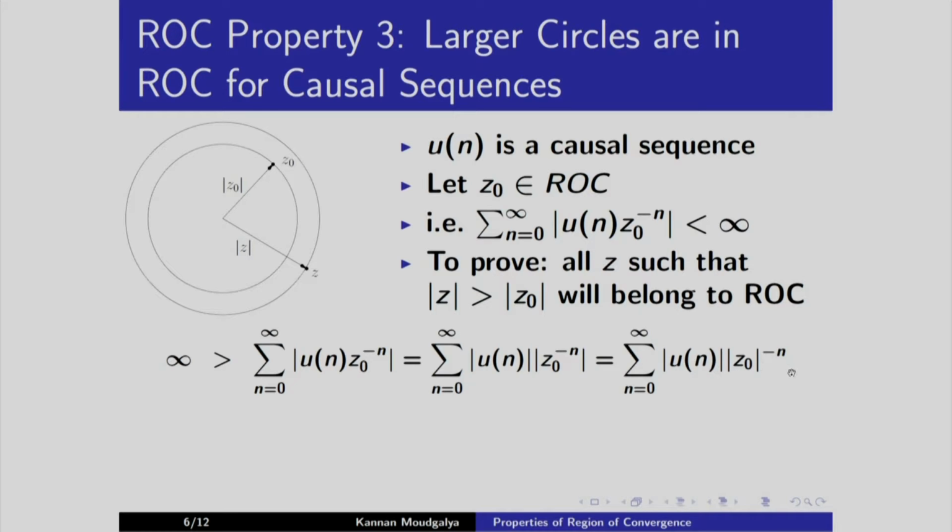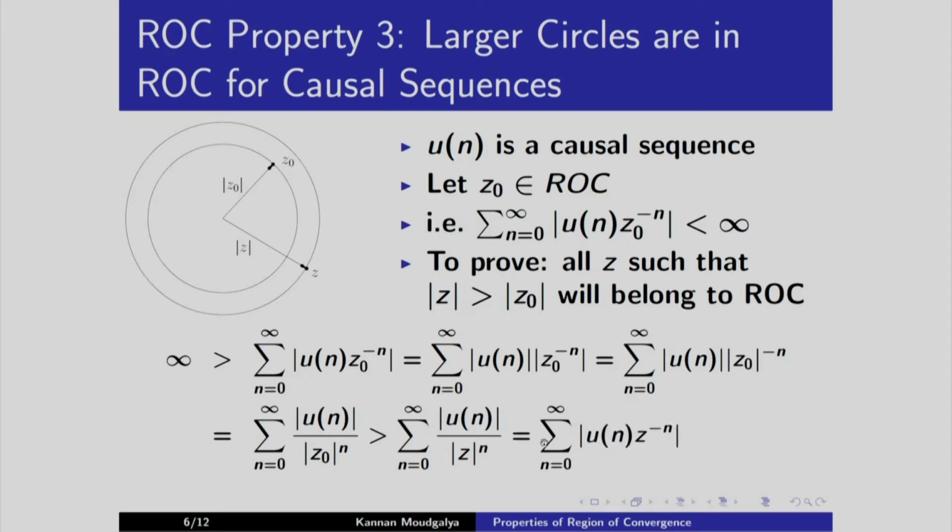We will take out Z0, then we will take this Z0 to the denominator, and now we will use the fact that this magnitude is greater than the magnitude of this, and hence it is greater because this Z is in the denominator. Now we take it back, we get this is nothing but U of Z.